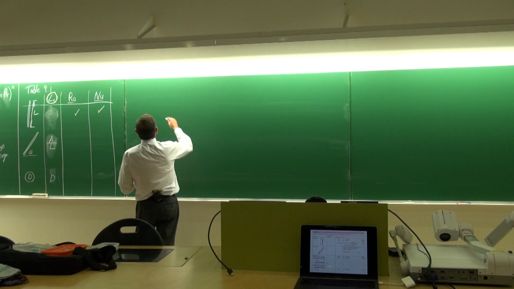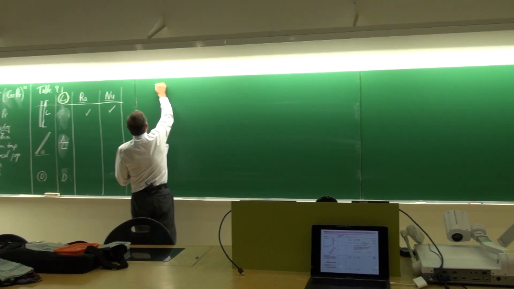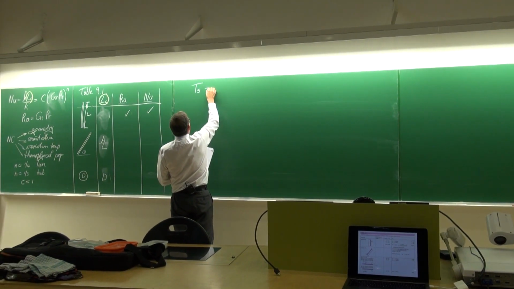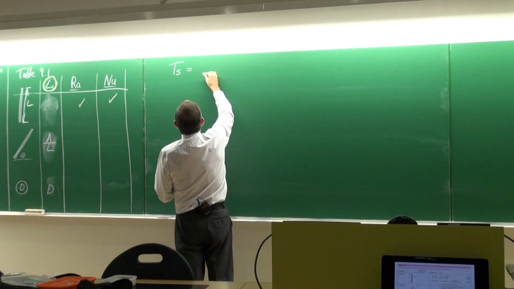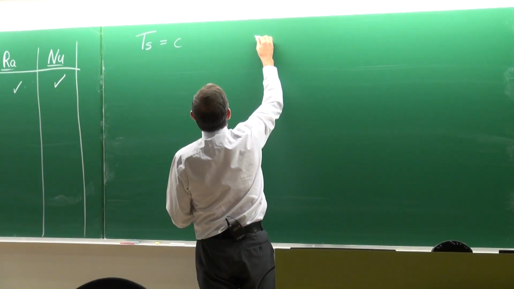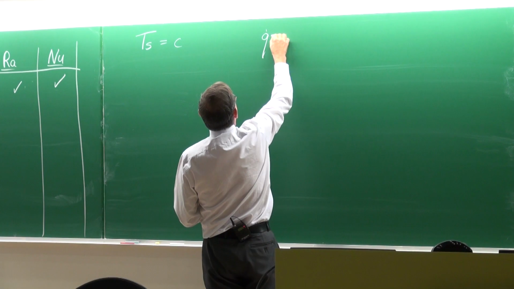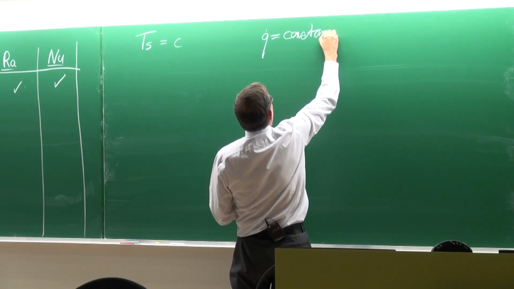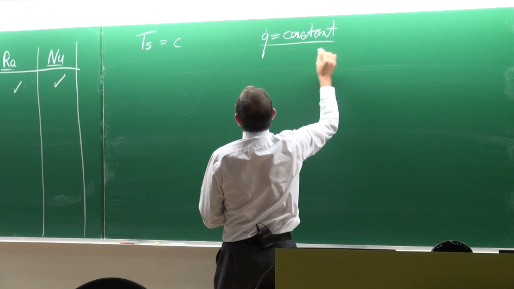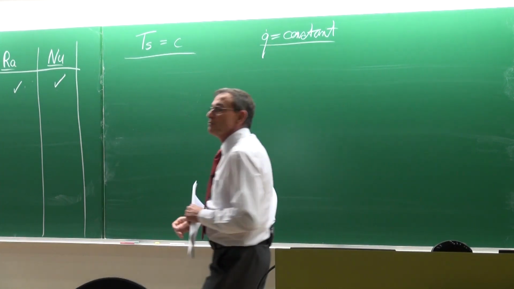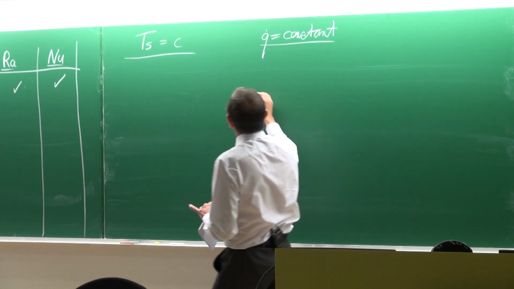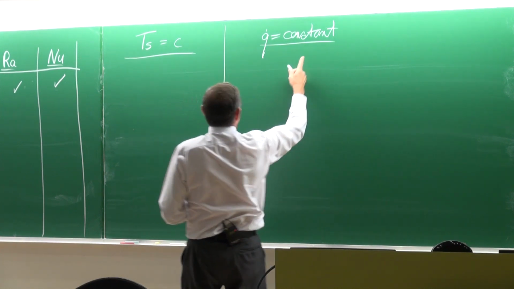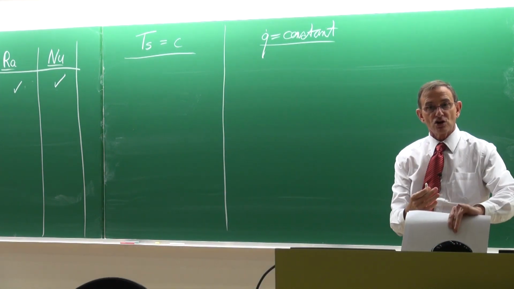Something else that is also important is, just as previously with tubes, we have said that there are two different types of boundary conditions. The boundary condition on something like a plate or a tube or a sphere where the temperature on the surface is constant, and then there are boundary conditions where the heat flux is constant.